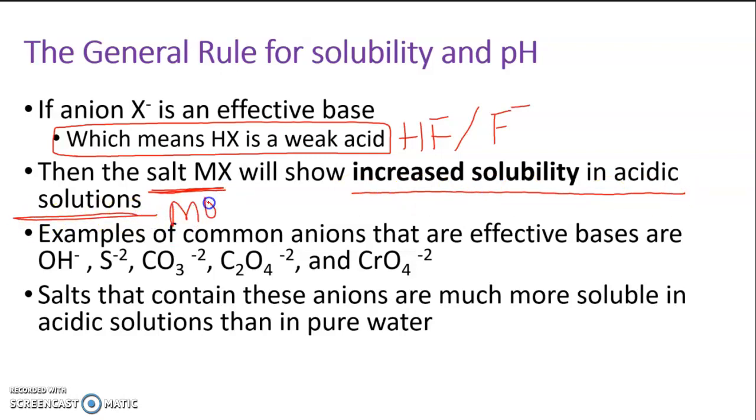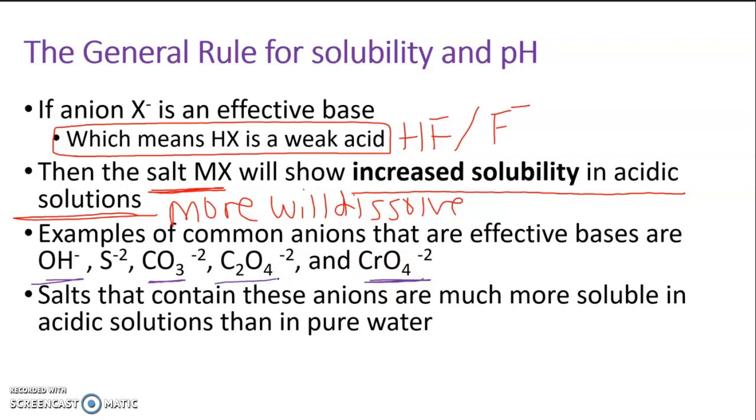That again means more will dissolve. You'll have less solid, more will form ions. The most common effective bases that you're going to see are hydroxide, sulfide, carbonate, chromate, oxalate.